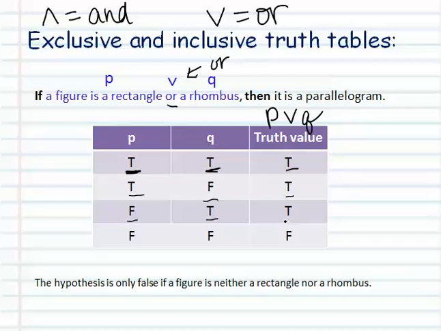Yes, Q is. Therefore, P or Q is true. P is false, Q is false. So are P or Q true? Nope, that's false. The hypothesis is only false if a figure is neither a rectangle nor a rhombus.